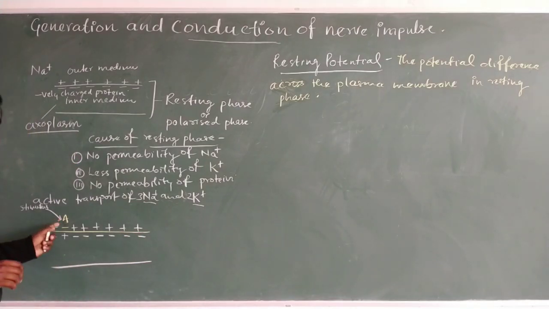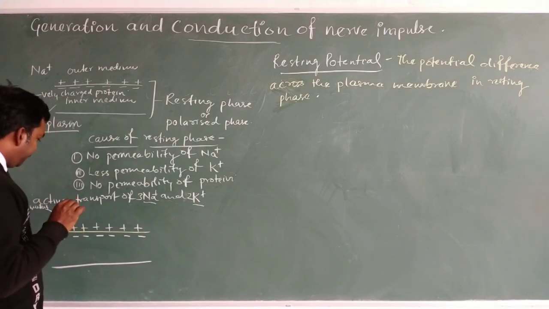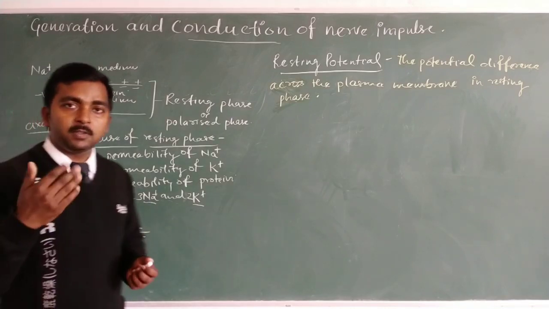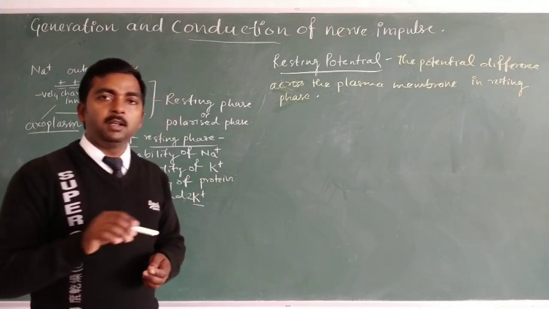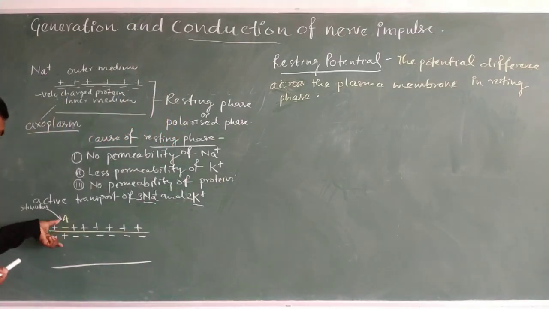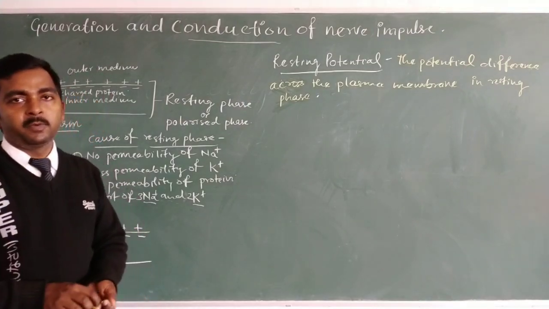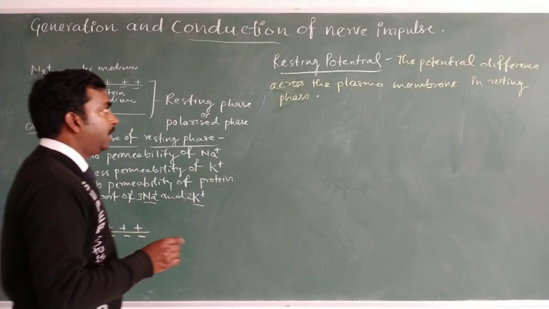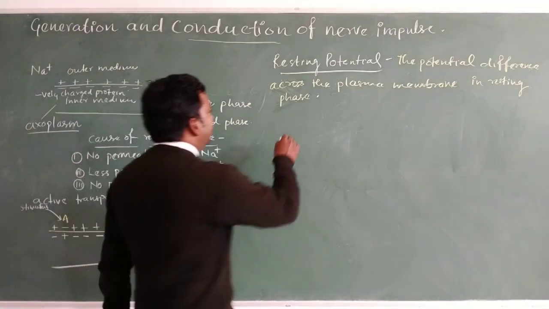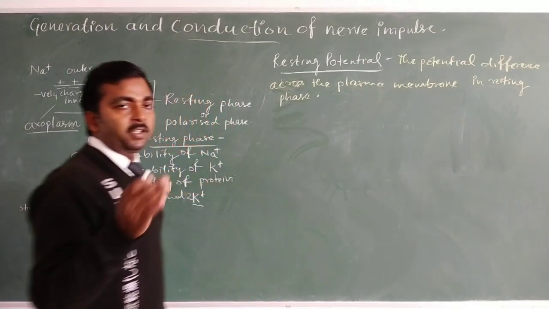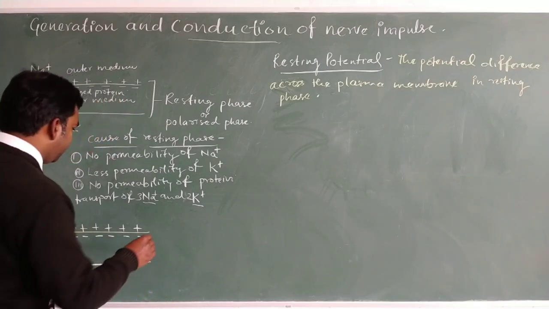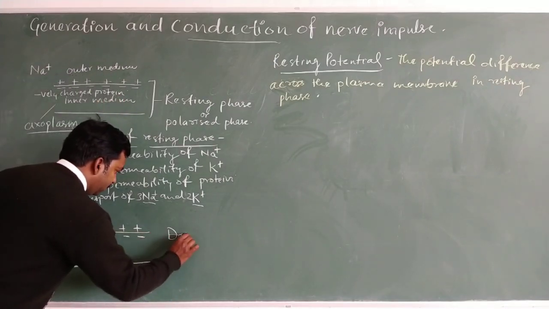Now, due to the receiving of the stimulus at point A, the concentration gradient changes. So at point A, a potential difference is generated, and that potential difference is responsible for depolarization.